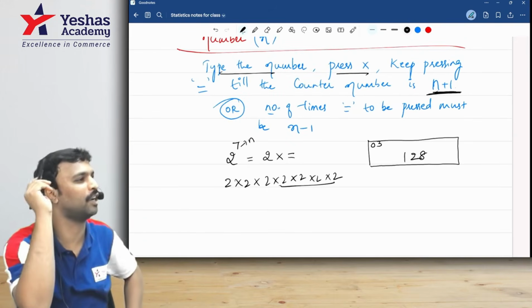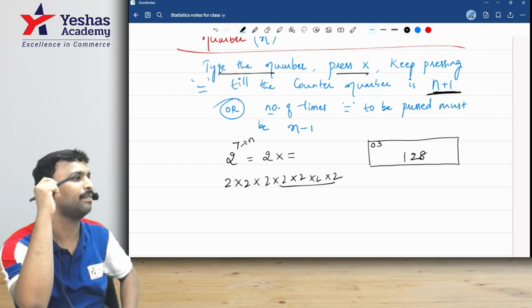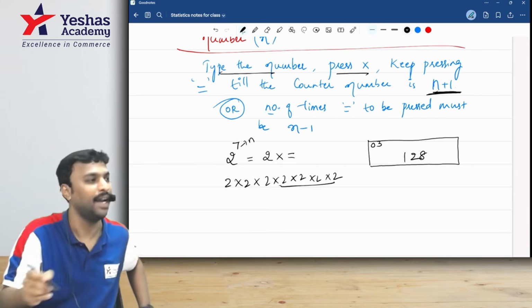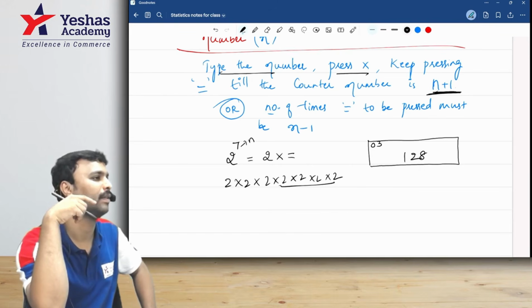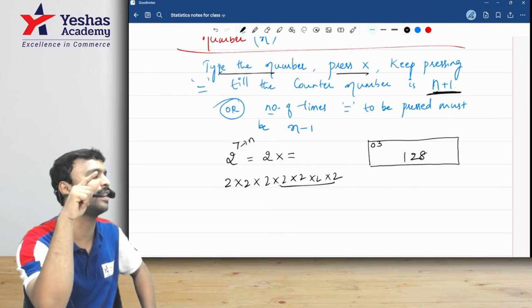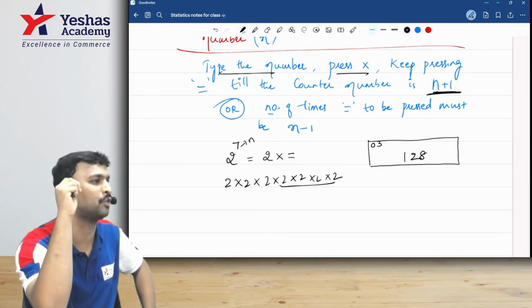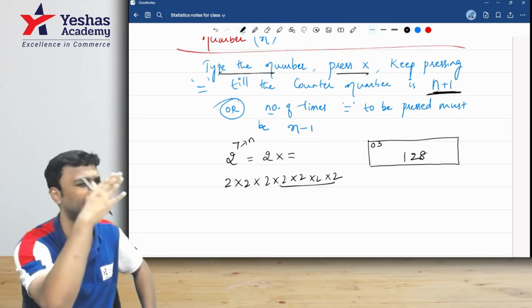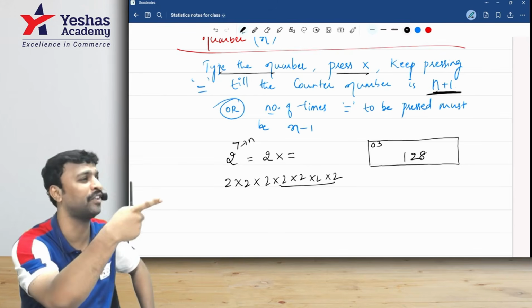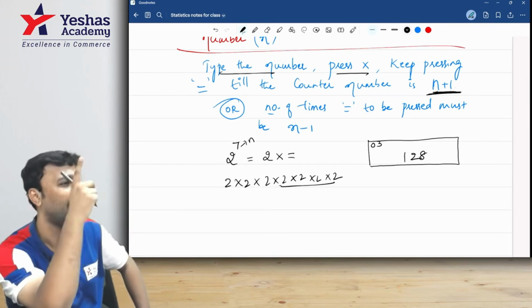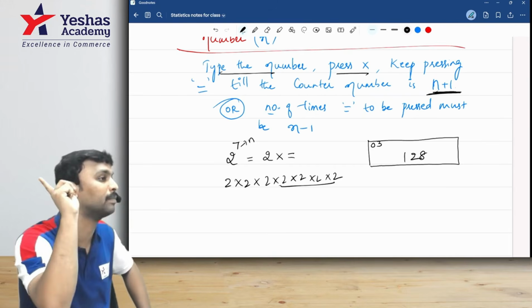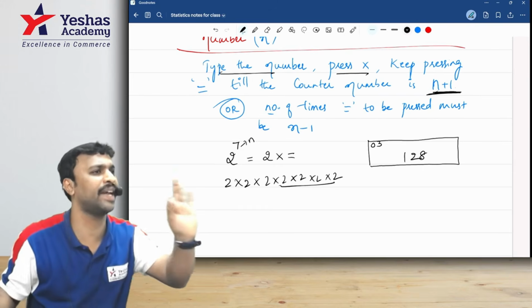For today, I'll tell you what you have to do, but don't use that. On your calculator, type 2, press into twice, and keep on pressing equal until the counter number is 2 more than the actual power. Better don't use that. There are a lot of issues coming up. Actually, I don't want you to face the problem. Everybody understood?